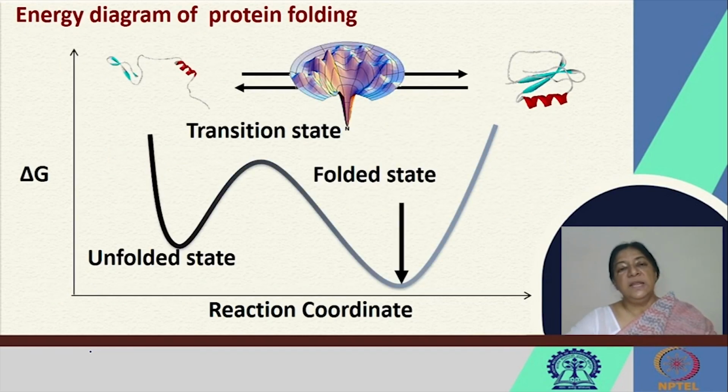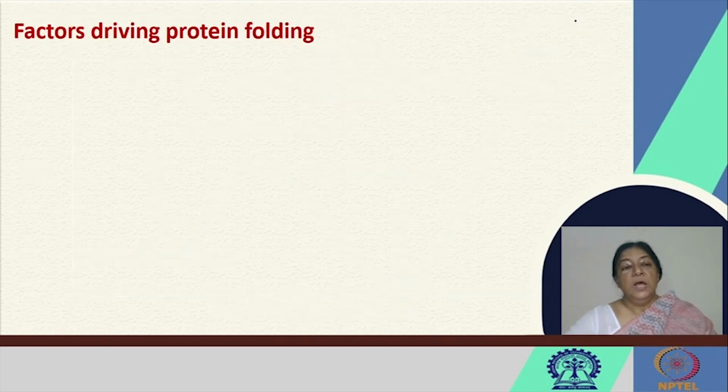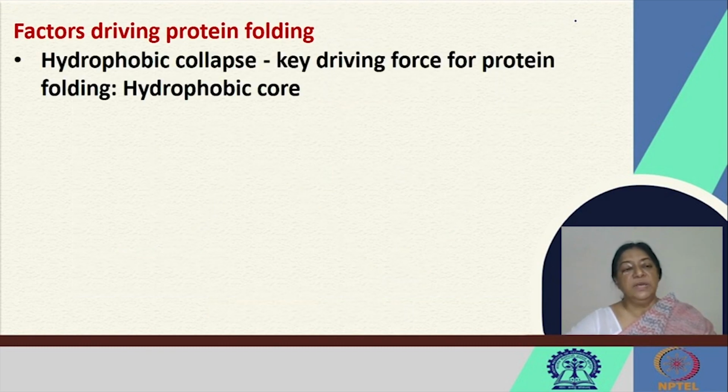In going from the unfolded state to the folded state, we realized that there were many structure-stabilizing interactions that brought us to our final folded structure. Looking at the factors that drive protein folding, we realize that hydrophobic collapse is the key driving force for protein folding to occur.